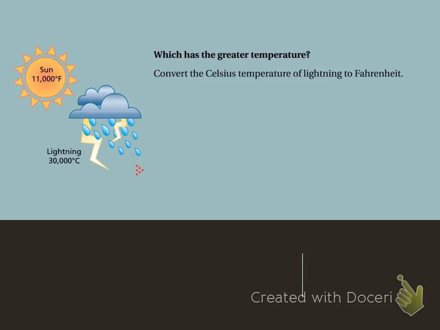So let's look here at a real-life application. Which has the greater temperature? Convert the Celsius temperature of lightning to Fahrenheit. Okay, so lightning is 30,000 Celsius. Remember our formula that we just found is Fahrenheit is equal to 9/5 of my Celsius plus 32.